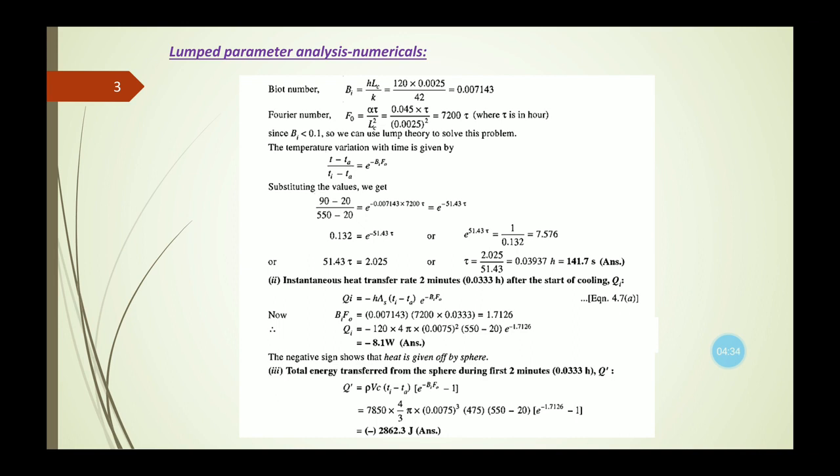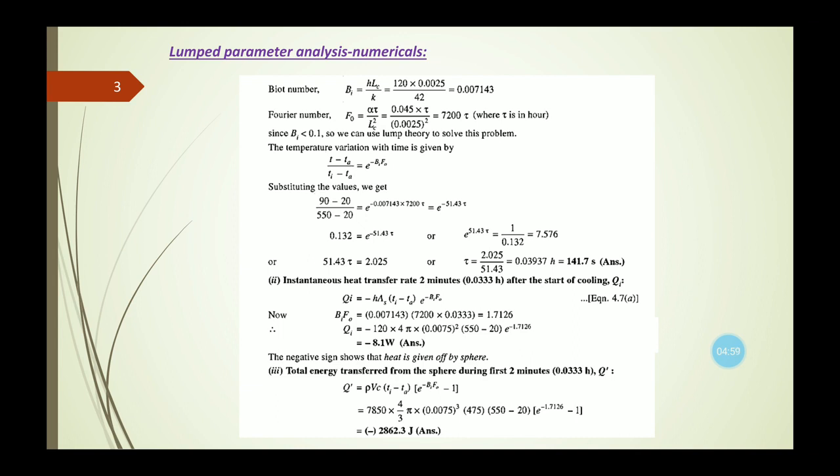So we can calculate the value of Biot number, which we are getting as 0.007143. Now since the value of the Biot number is less than 0.1, we can use the lump theory or lumped parameter analysis in this numerical to solve the required values which we need to calculate.